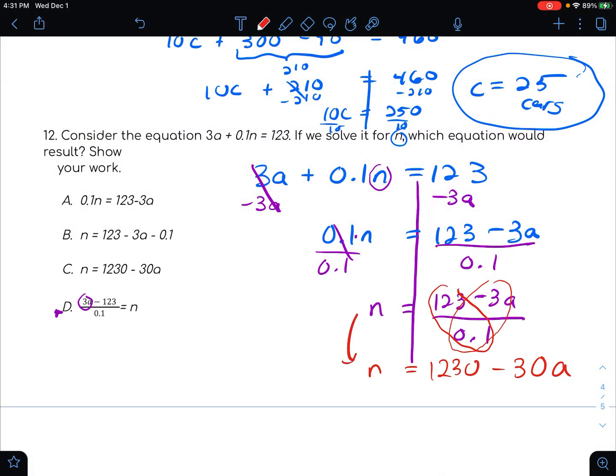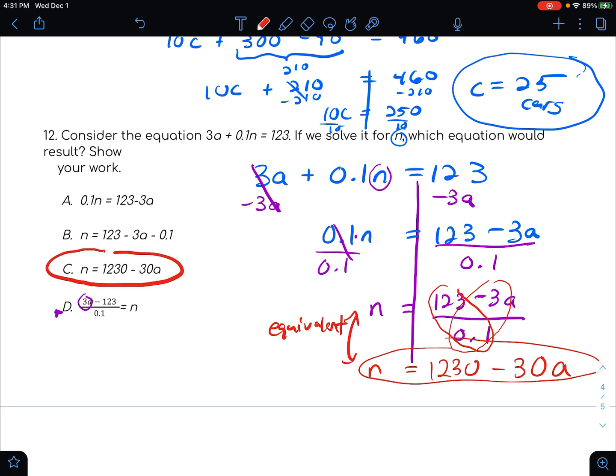So that would be another version of the equation. These two equations right here are equivalent. But since I don't see the first version of the equation, let's take a look to see if we have this version of the equation over here. And I think we do, right? That one right there looks to be that version of the equation. So D kind of looked similar, but it's actually C that is solved for n.